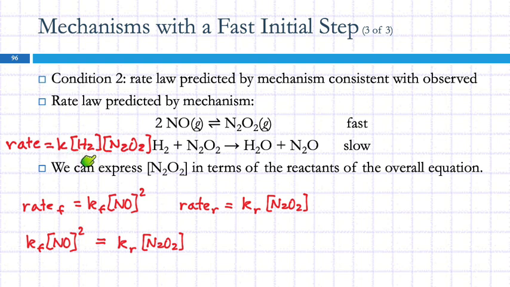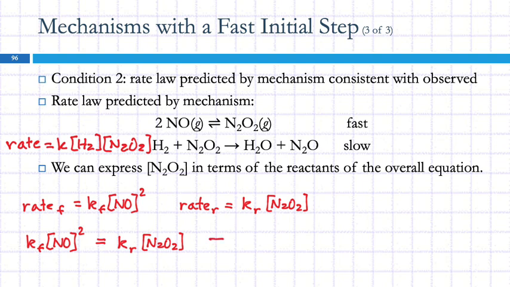So this is the rate law for this slow step, but we need to get rid of N2O2 in here. What we can do is take this relationship and solve it for N2O2, and then substitute that in here, and that's how we can get rid of the intermediate concentration.